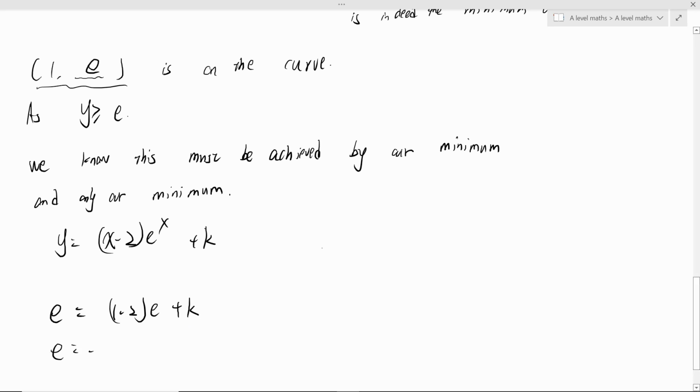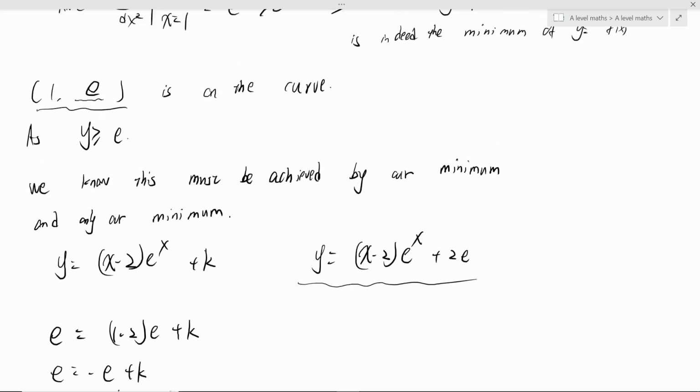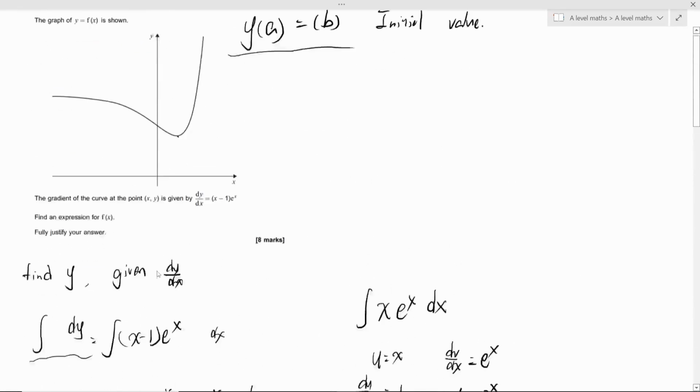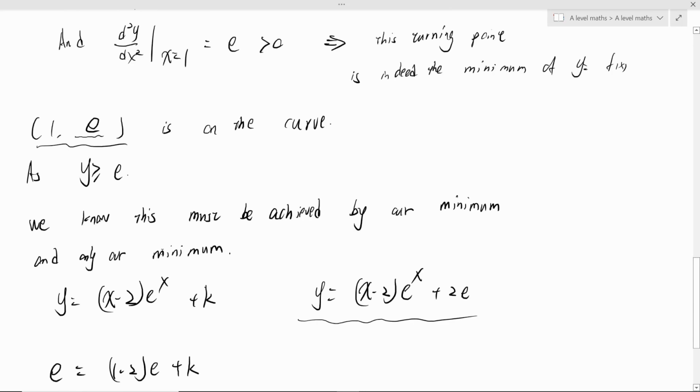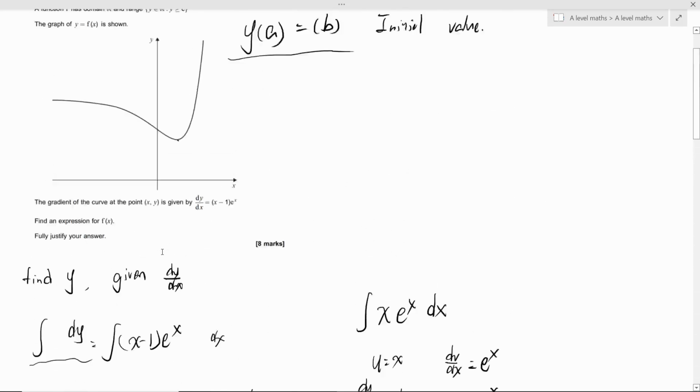So e is minus e plus k. That implies k is 2e. Good stuff. So now y is (x minus 2) times e^x plus 2e. And that's the complete solution of this question with, I think, a reasonable amount of argument, rigorous proof, actually.